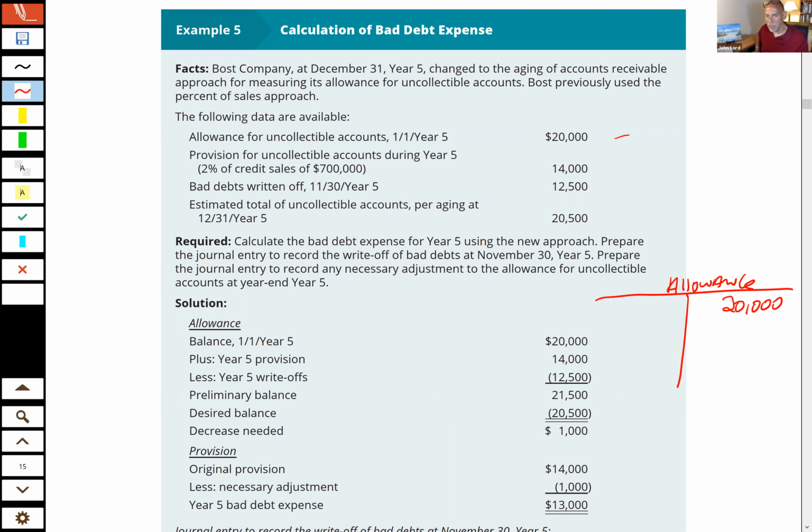It used to drive me nuts that people would think it was okay to just do the percentage of sales. And I'm like, that's ridiculous. If you just did percentage of sales, what if a company had collected all of their account receivable by the end of the year? You wouldn't need any amount in the allowance if the accounts receivable was zero.